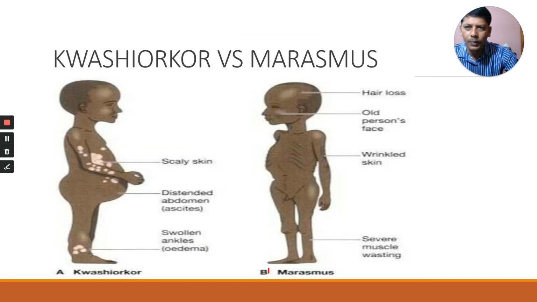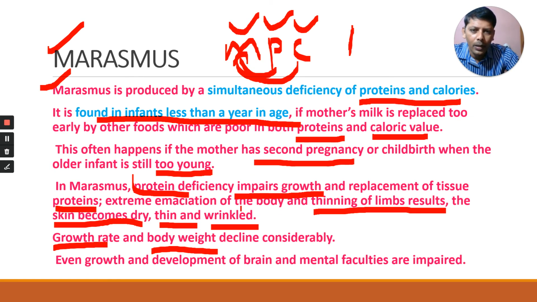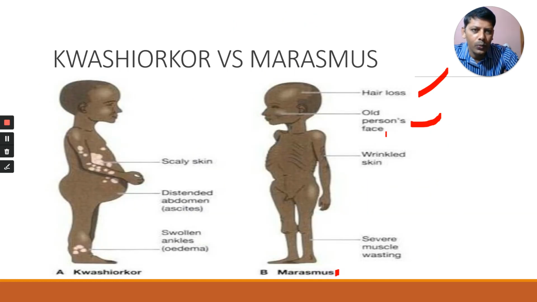That's about marasmus. You can observe here kwashiorkor and marasmus. In marasmus there is hair loss, and an old person's face with wrinkles, as I told you. That's why the kid appears very old at a young age, like an old person.